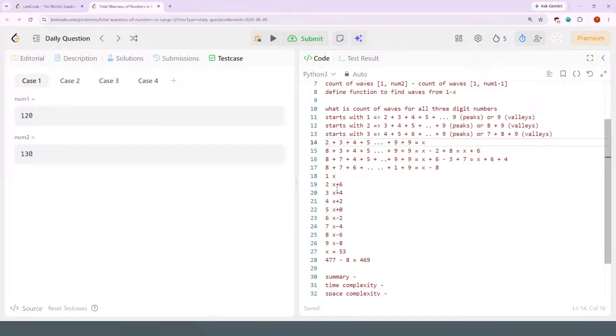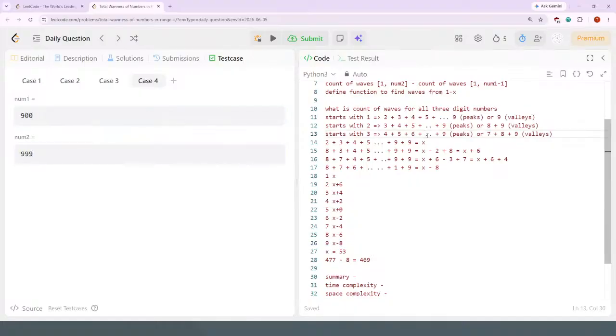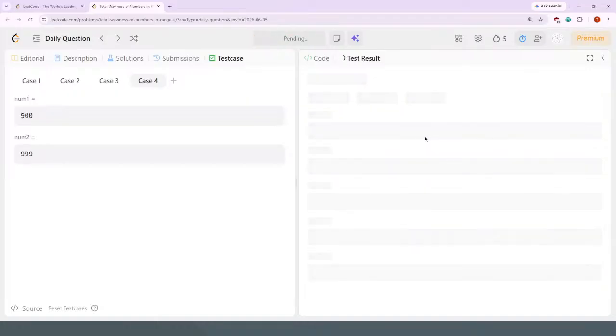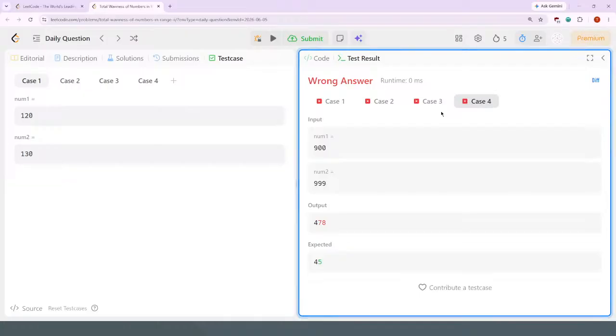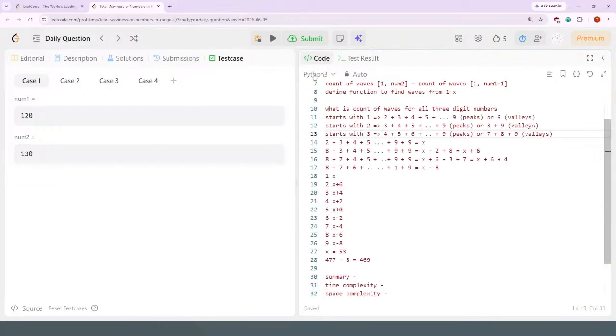Where am I screwing up this? Let's try things that start with 9. So 900 to 999. This should be 53 minus 8, so it should be 45.